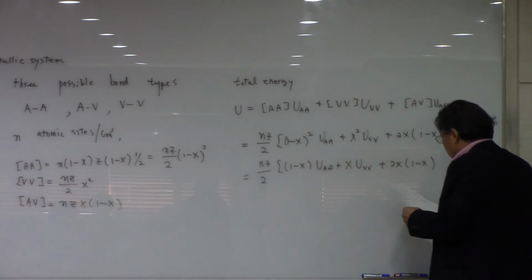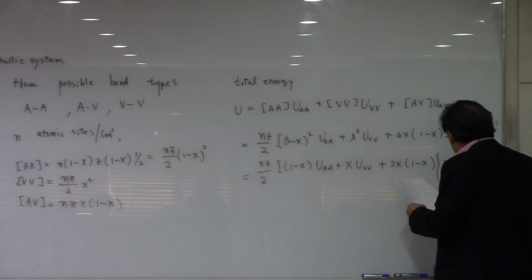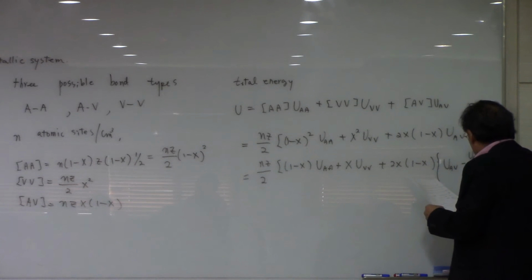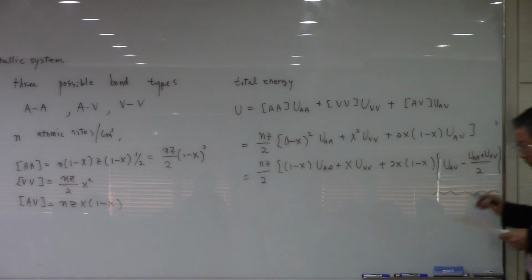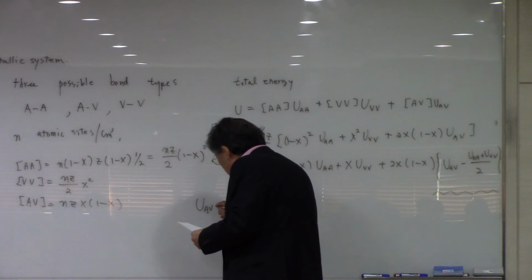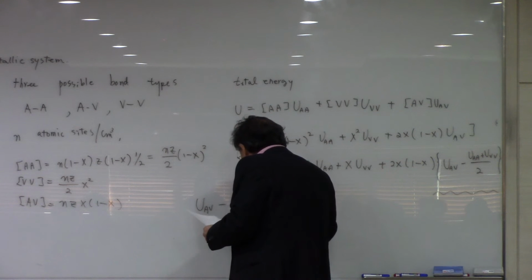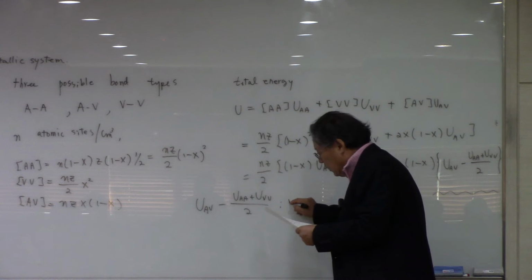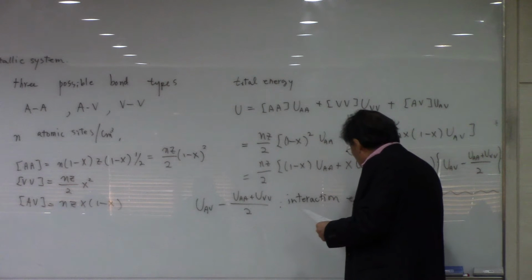And here we have UAV minus (UAA plus UVV) over 2. You have to notice this term here, because UAV minus (UAA plus UVV), this term is going to be called interaction energy.